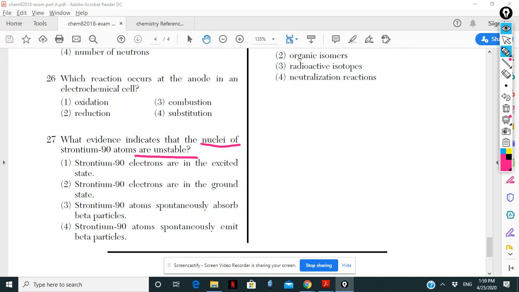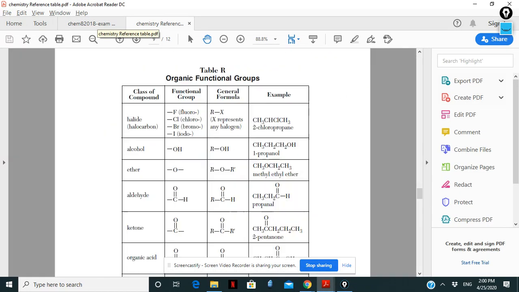I don't have any issue with the electrons. My issue is with the nucleus. To understand that part, I have to go to the reference sheet to see strontium-90.